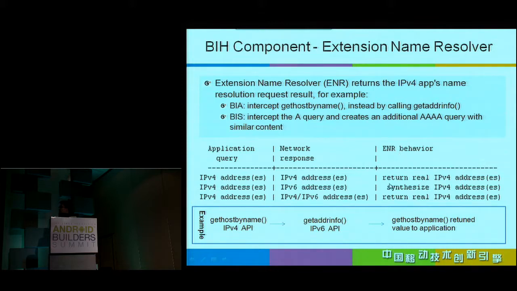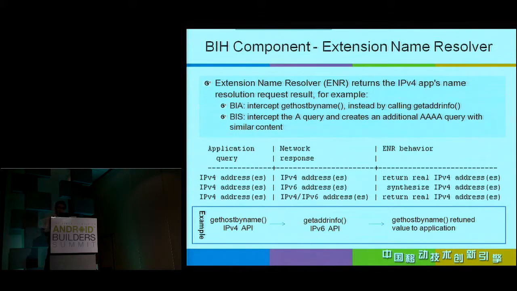So the extension name resolver will get the host name and return the real IPv4 address to the application, and so the application works in the IPv4 network. But in the case getaddrinfo returns only an IPv6 address, the IPv4 application doesn't know the IPv6 address.